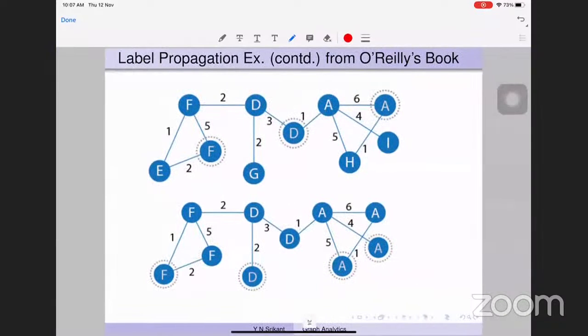Then the third one, now we start looking at this node, this node, this node, and this node. So E changes to F, then G changes to D, and H changes to A because of this, and then I changes to A again because of this.